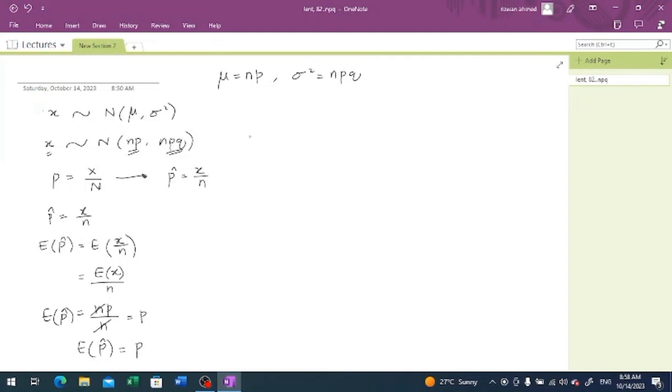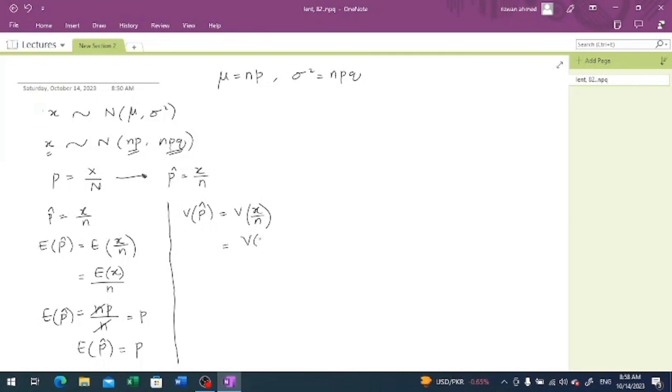Now we will apply in the same way the variance operator to get the approximate value for the variance. So variance of p cap is equal to variance of x divided by n. Again, the random variable is x, whereas n is a constant. But since variance is a quadratic operator, when it is applied to the divisor n, this n will become squared.